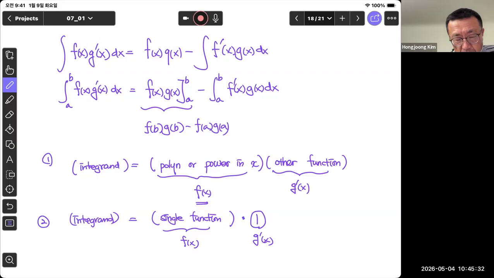And if sometimes you have a single function as your integrand and you need to apply the integration by parts, in that case this dummy 1 will be interpreted as g prime, and the single function will be interpreted as your f(x). So that is the point of section 1.